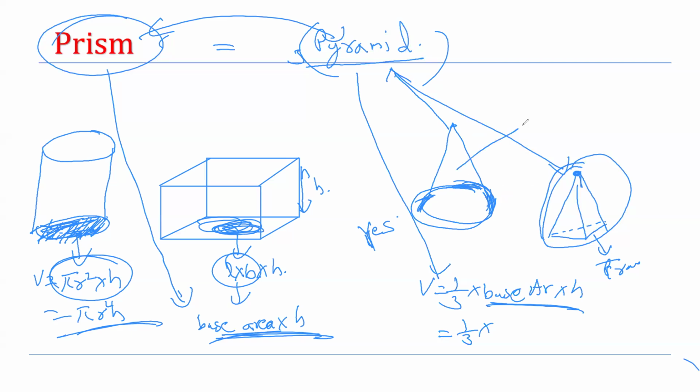What will be the volume of this circular pyramid? 1/3 into what is the base area? Pi r square, sir. And the height will be h. So what is the volume of this cone? 1/3 pi r square h. Did you understand this? Yes, sir. Okay.